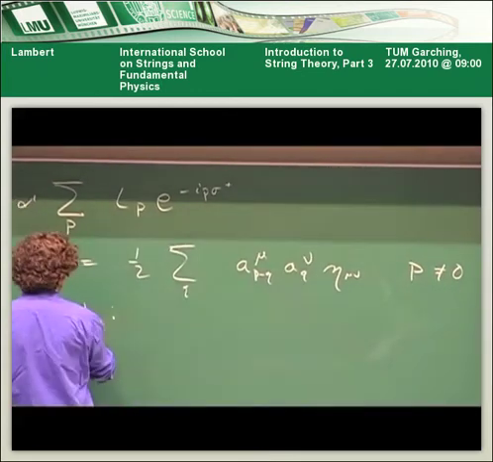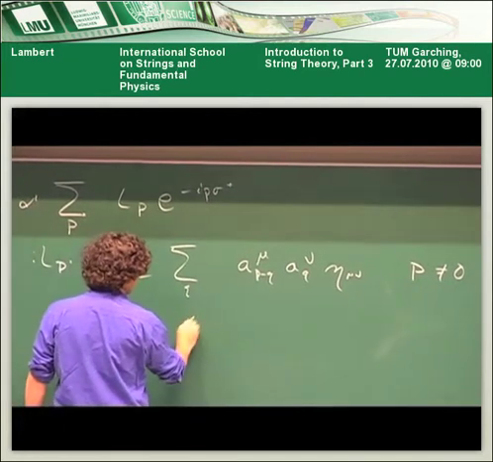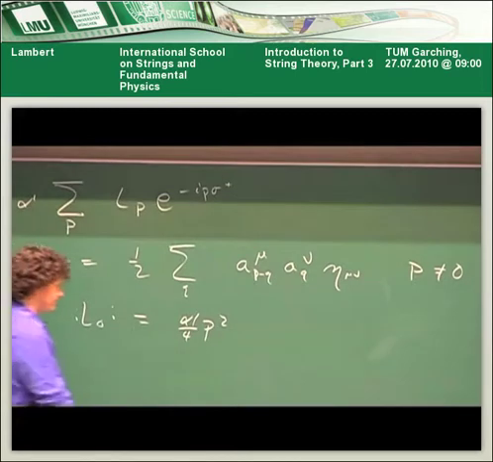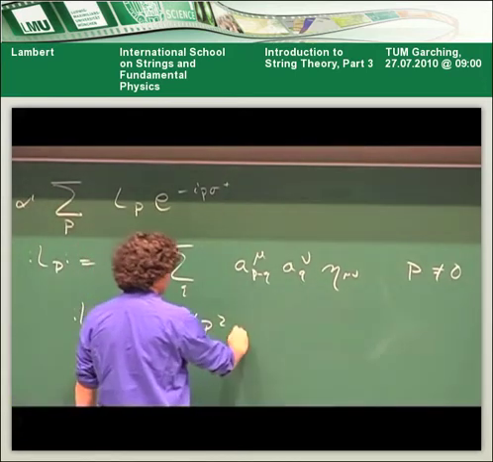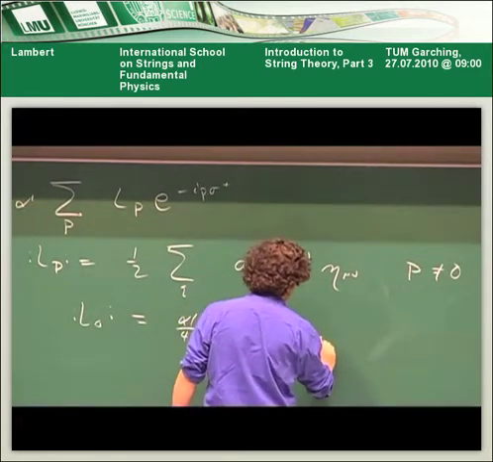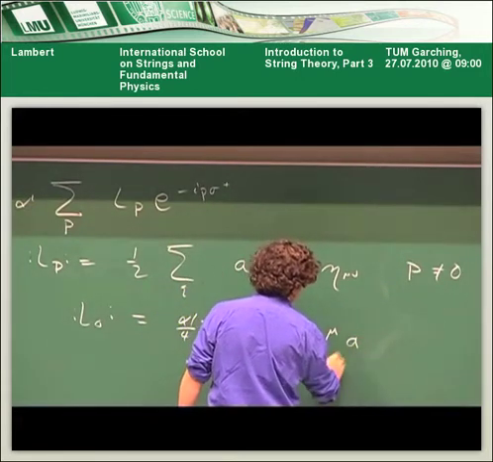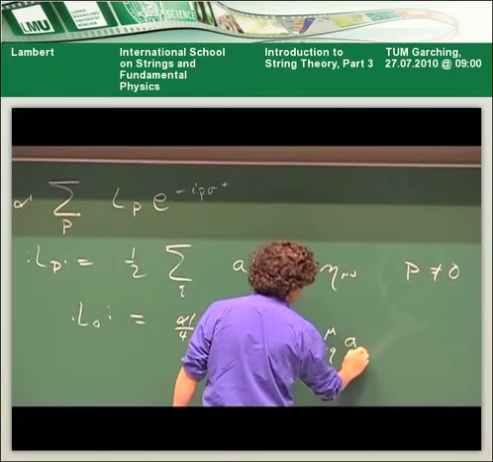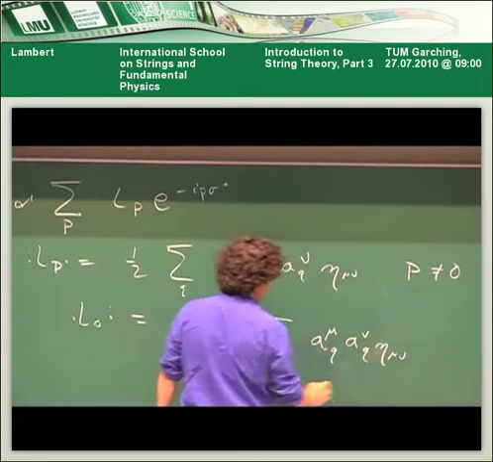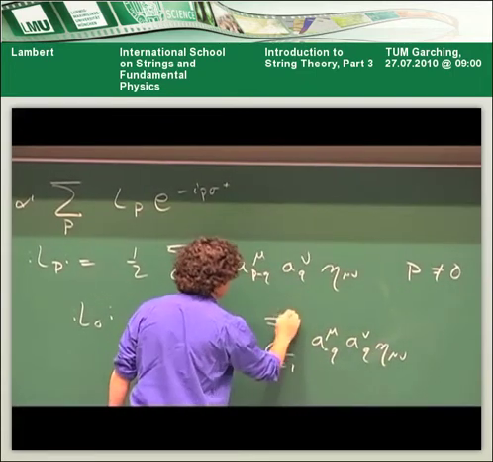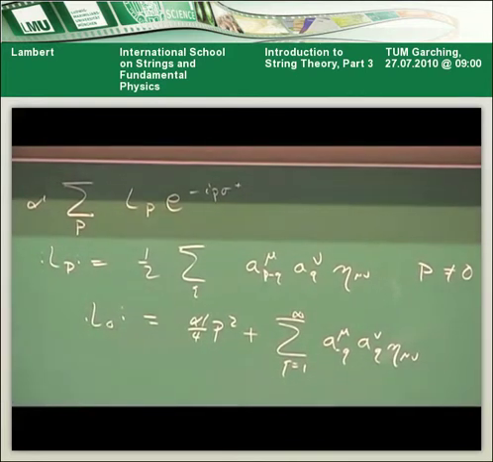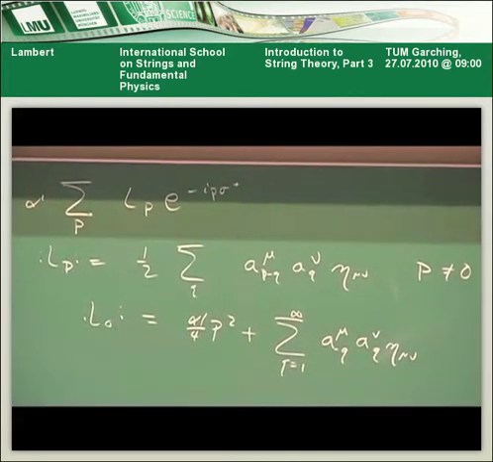But L0, normal ordered, you can write as alpha prime over 4 p squared from the a0 squared terms, then a whole bunch of oscillators, which were a_{-q}^mu a_q^mu, with q equals 1 to infinity. That's how we defined it. But of course, this left us with an ambiguity in the physical state conditions. Okay?